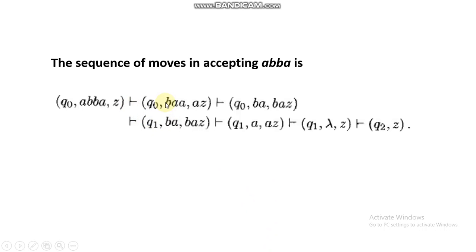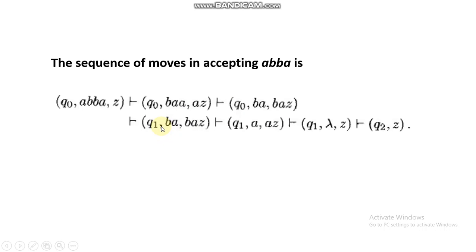In the initial state, we push the a onto Z. In the next step, we push b onto the stack. This is how we push W onto the stack. Now I am guessing the middle of the string, so for guessing the middle, we just move from state q0 to q1.